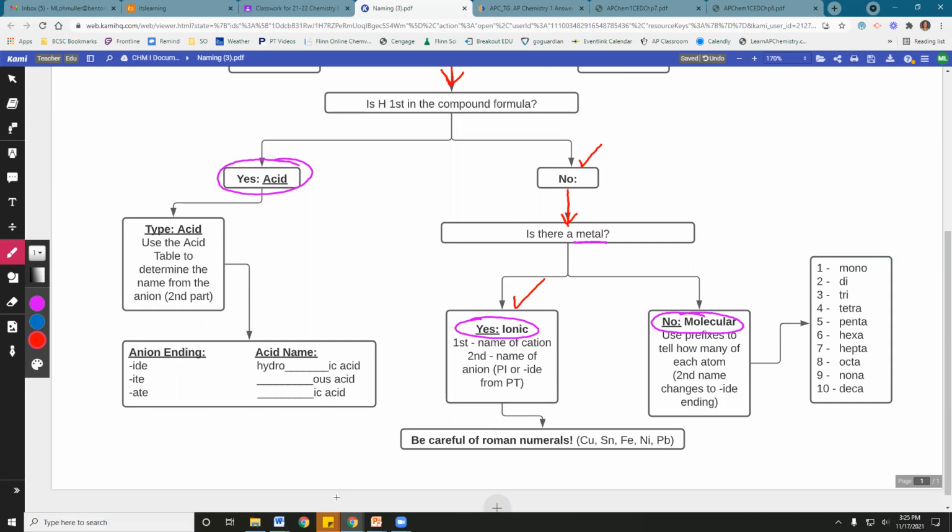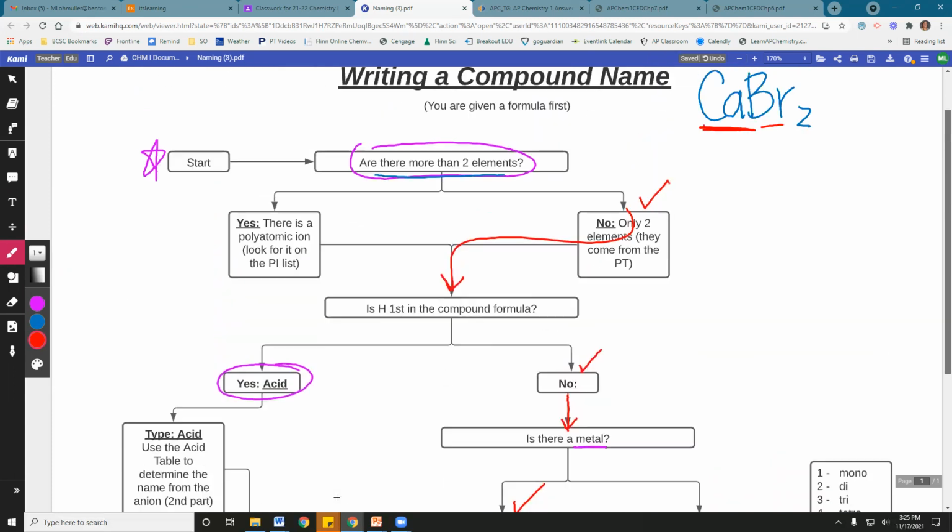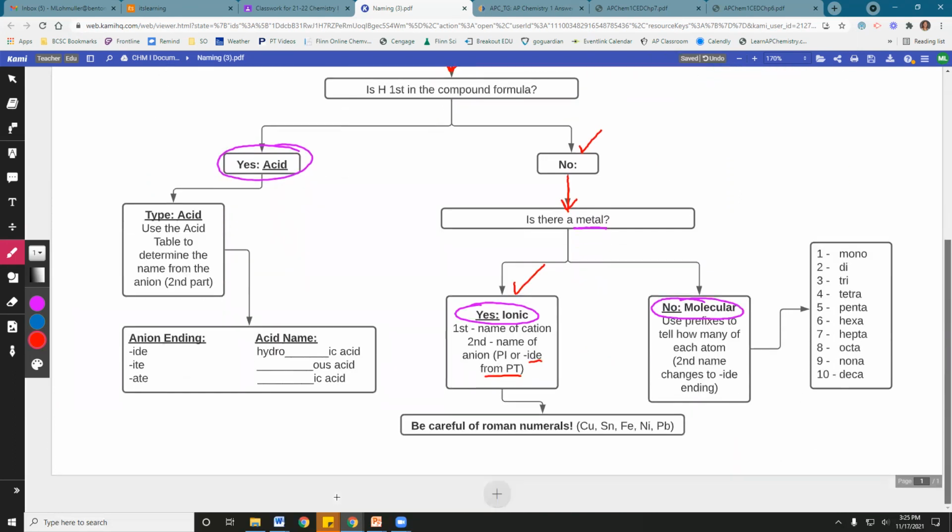And so to name it, we just use the name of the cation, the first thing, and the name of the second one. And if it's from the periodic table, like we said it is, we change the ending to IDE. So Ca is calcium. So this would be the name. So we'd have calcium. And then we do have to be careful with cations that need Roman numerals.